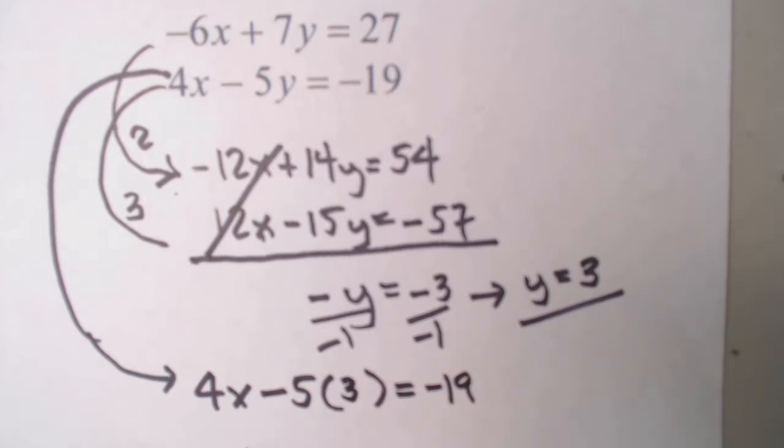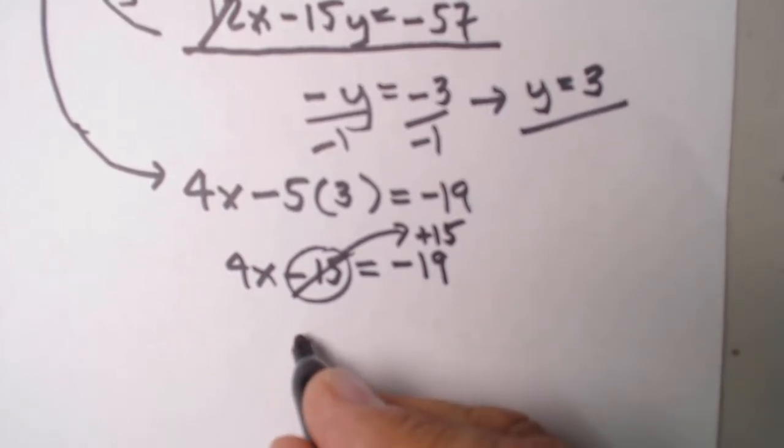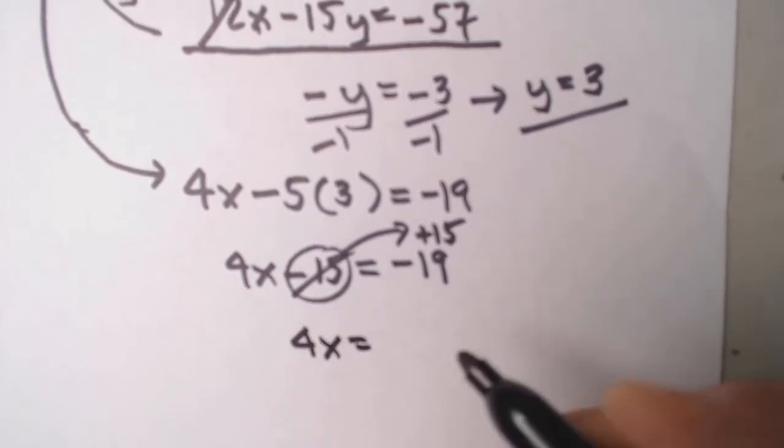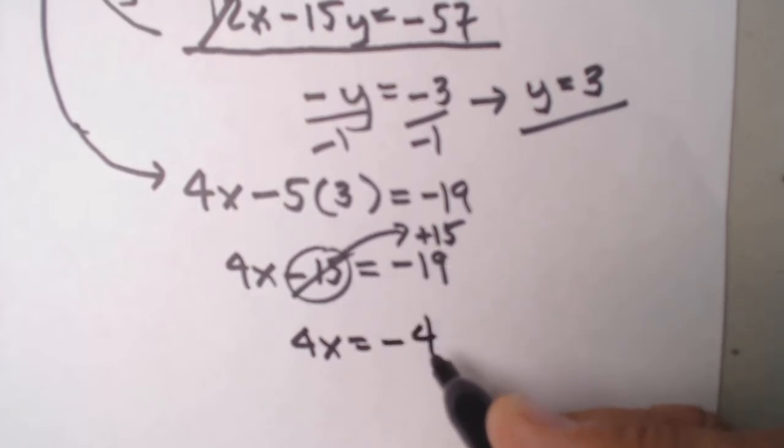So here we go. 4x minus 15 equals negative 19. Okay, minus 15 goes over as plus 15. So I've moved it. I've got now down here 4x, okay, equals minus 19 plus 15 is negative 4.